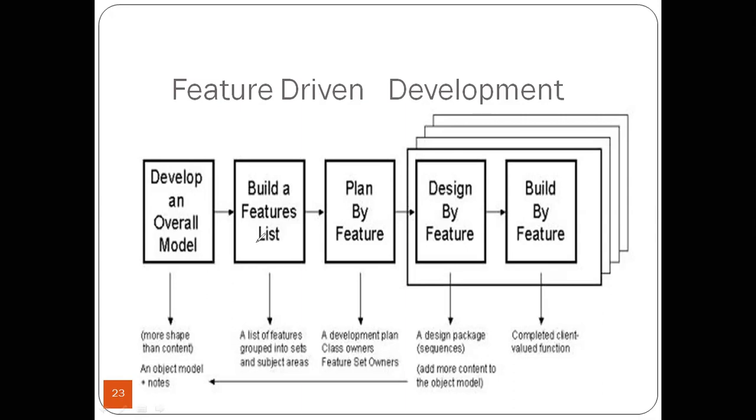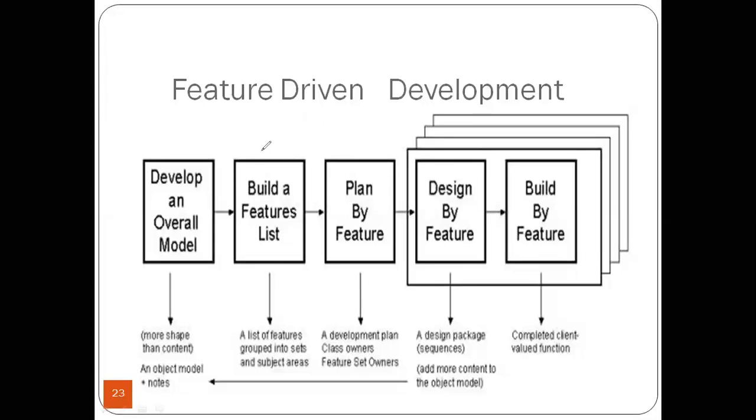In the second step, we are going to build a features list, which means we are going to divide the overall project into a number of parts, meaning a list of subprograms or modules.